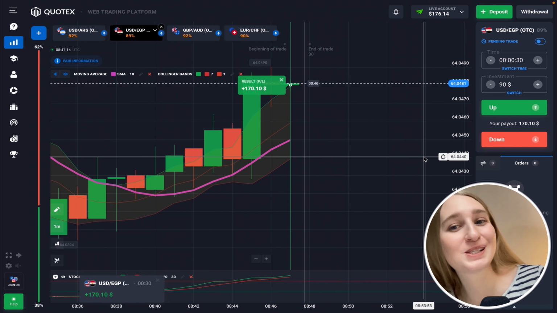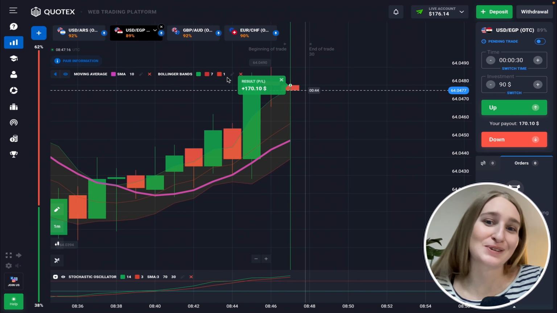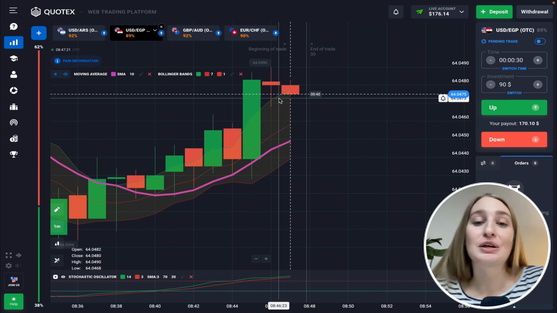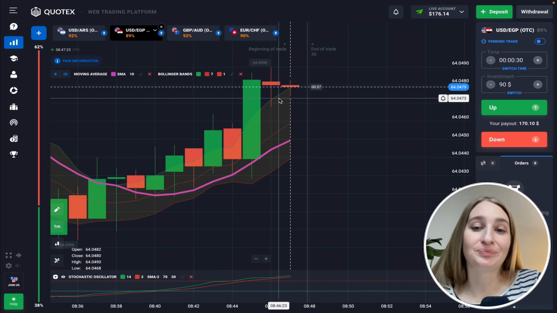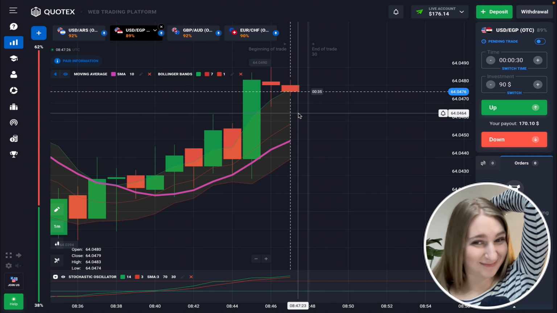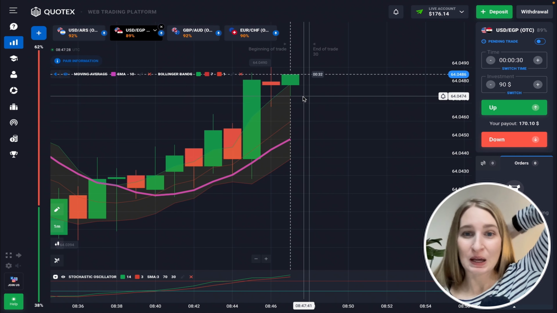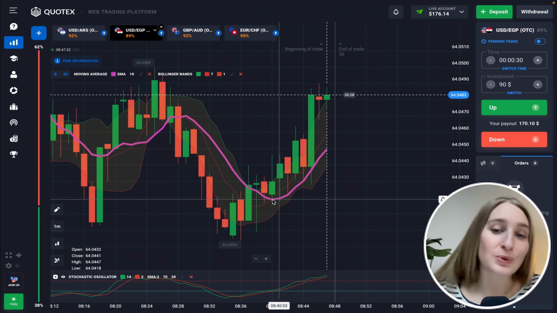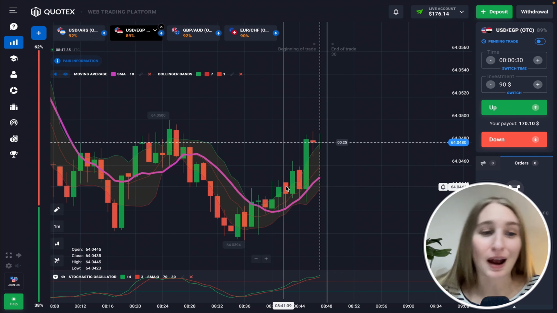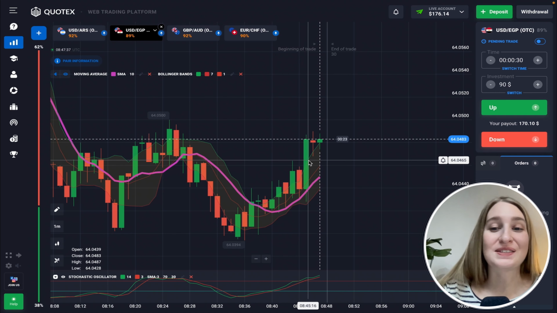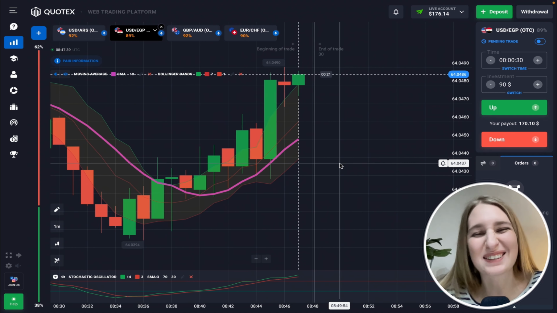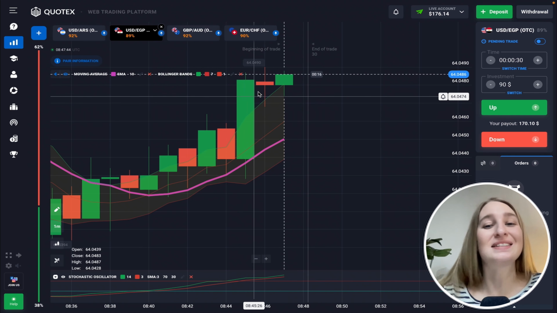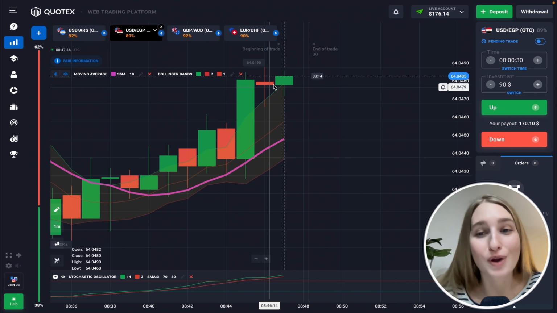Wow, you see, it was a really risky situation because I was looking at the whole situation at once. Because you see there is a pretty cool picture with green, red, and green and red candlesticks. And I suggested that after this big green candlestick it will be red, and it is like a short one with a long wick.